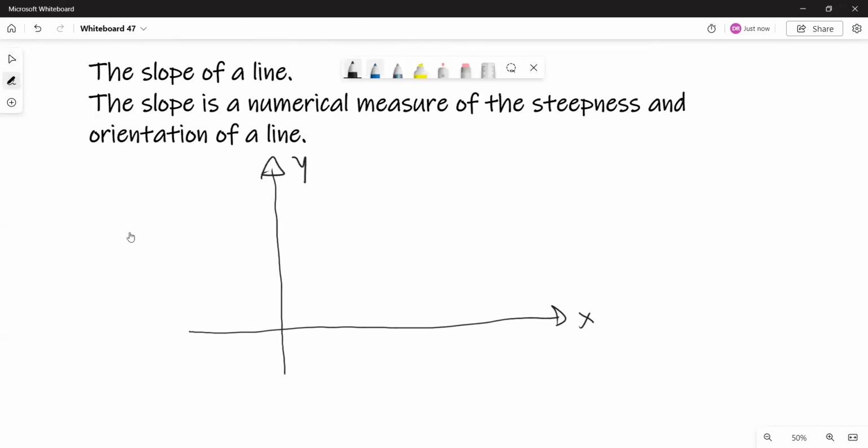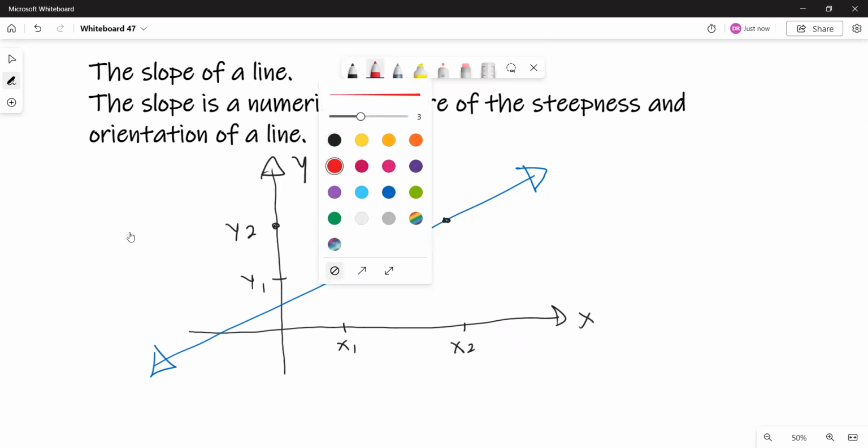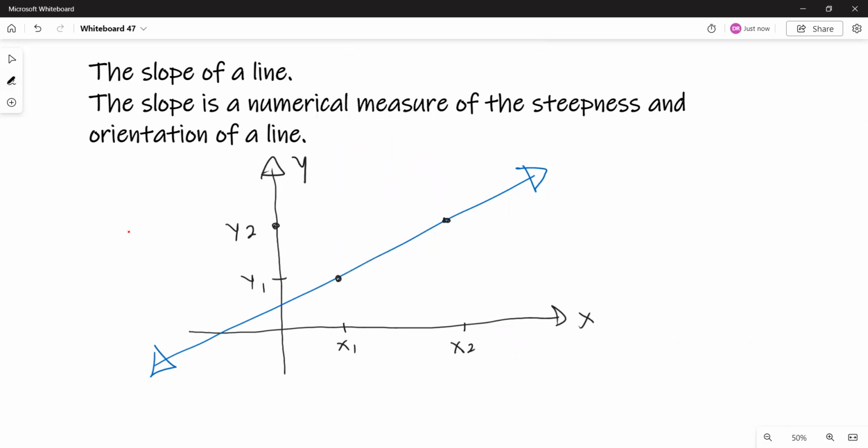Okay, so let's say we have the graph of a line passing through 2 points. Let's say that the points are (x1, y1) and (x2, y2). So one way to measure the steepness is by considering the horizontal displacement, that is the change in x from x1 to x2.